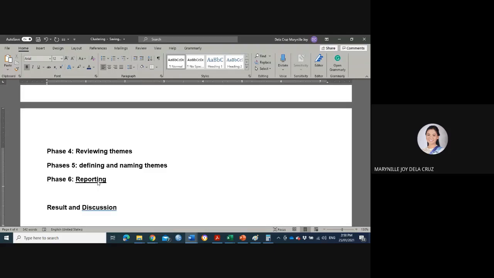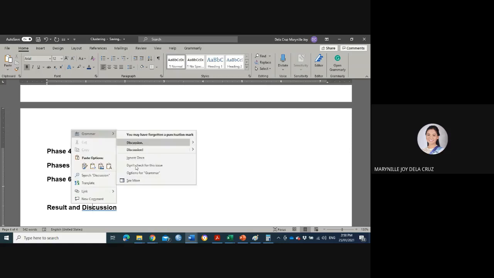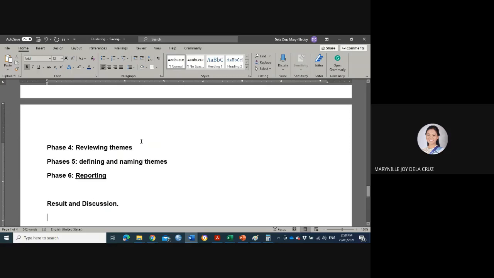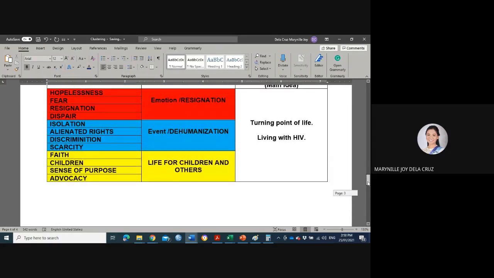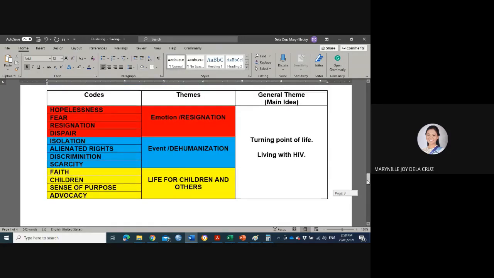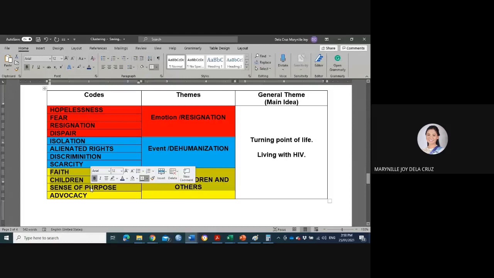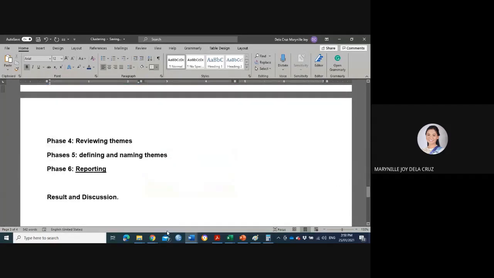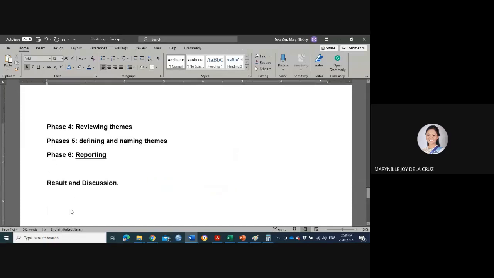When you are doing with quantitative. However, you will only focus on your codes and your themes. So this one will be your first paragraph. This one will be your second paragraph. And the yellow one will be your third paragraph. So same, you still have to start with reporting verbs.